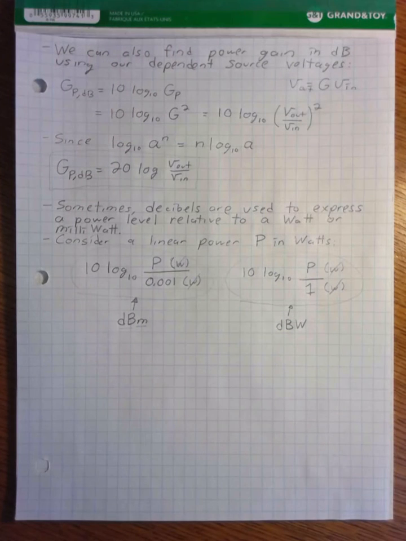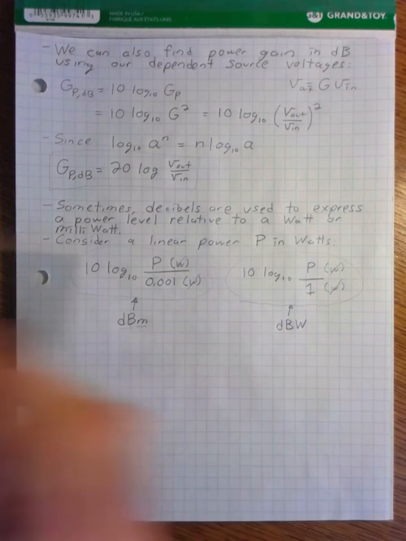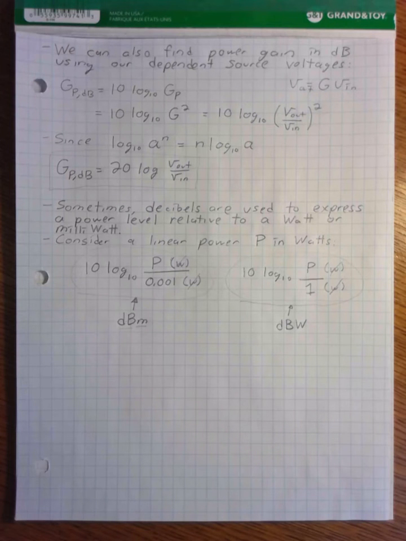Technically the audio decibels are relative to 20 micropascals, as we saw. And so that would be another example of this type of decibel calculation, where we're showing a power level relative to a fixed baseline reference.